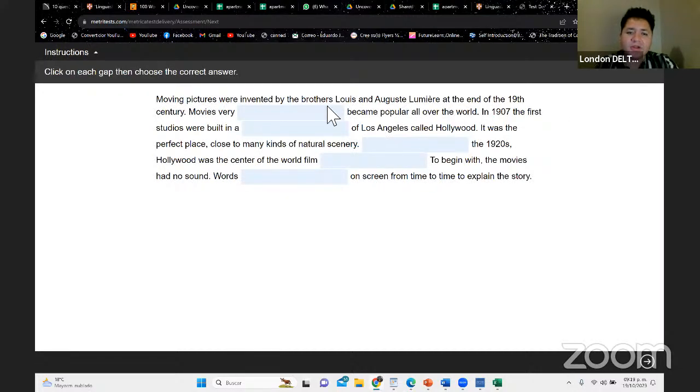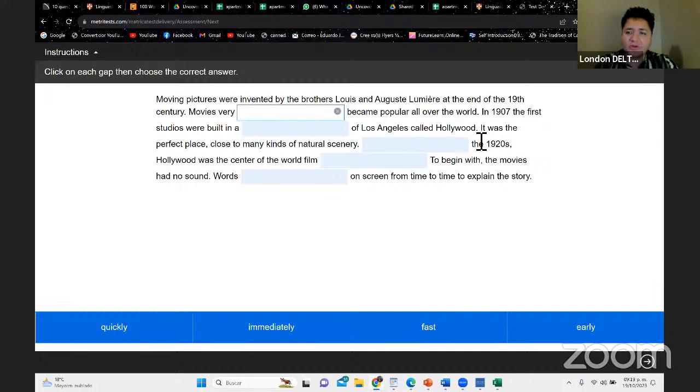Okay, very well. In this different activity, you remember that the last activity you didn't have options. Well, there's this other activity where you have different options. So here you don't have to invent the word, you just have to choose the correct one.